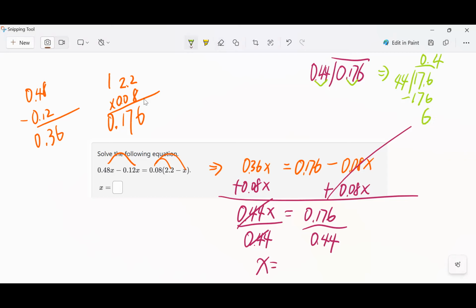So when you subtract, it's 0. So the answer is 0.4.